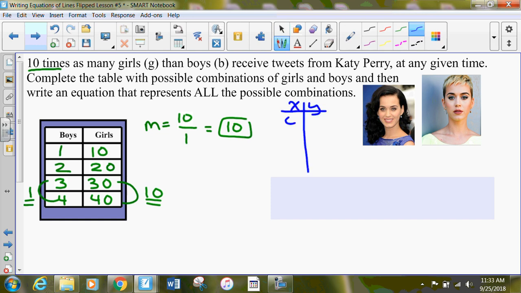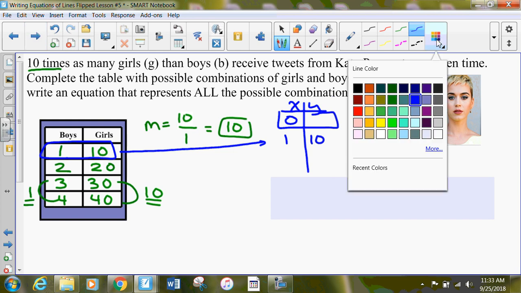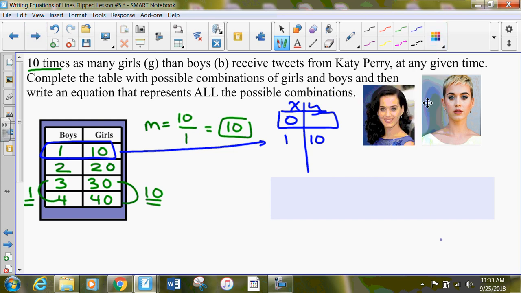So we know that the y-intercept is where x is equal to 0. We can take this point right here and put it into our table. And we know that the slope, now this is something that some people are having trouble with in class. Here's the deal.